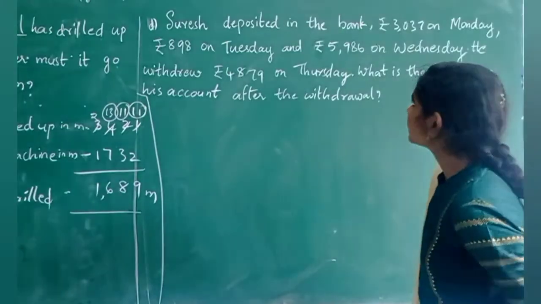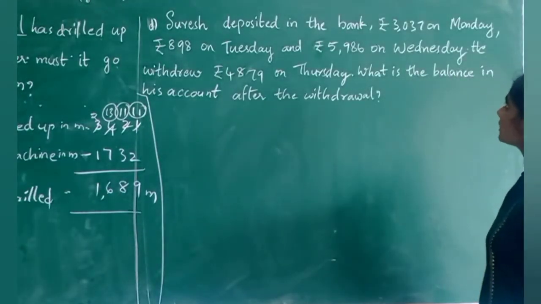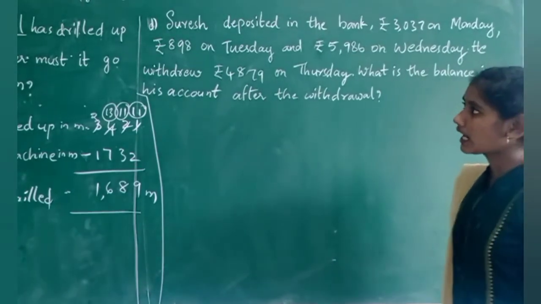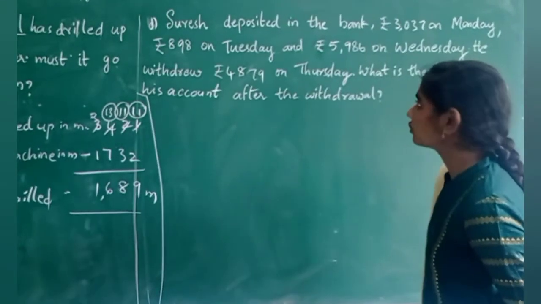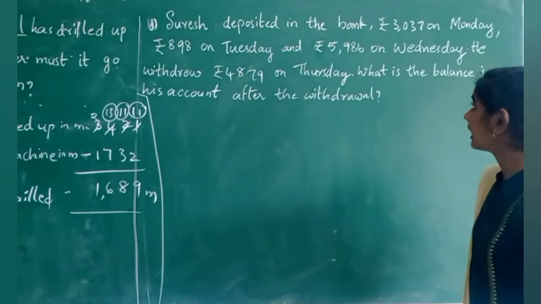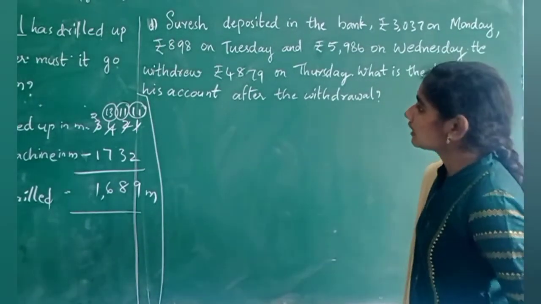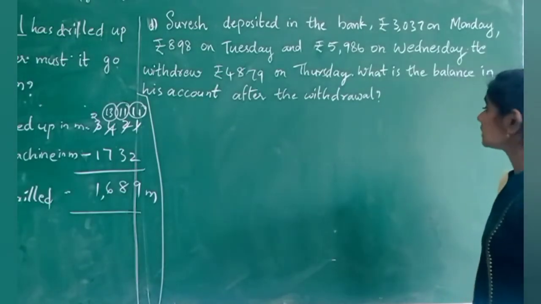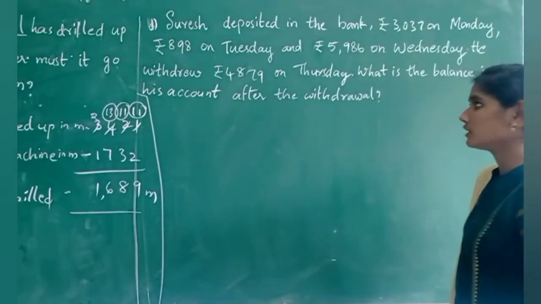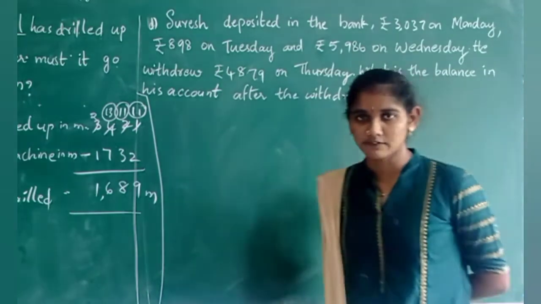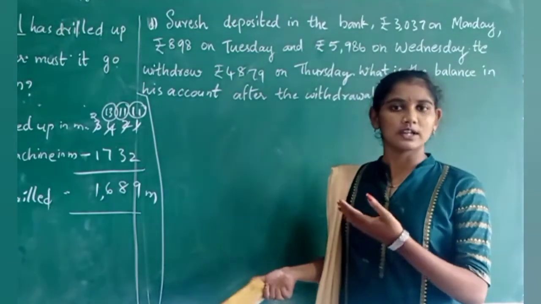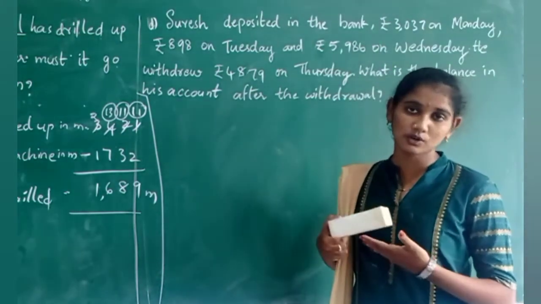Let's get into another problem of your book, the same self-practice 3D. Suresh deposited in the bank 3037 rupees on Monday, 898 rupees on Tuesday, and 5986 rupees on Wednesday. He withdrew 4879 rupees on Thursday. What is the balance in his account after the withdrawal? Here he is saving, and whenever he needs, he goes and takes it out from the bank.